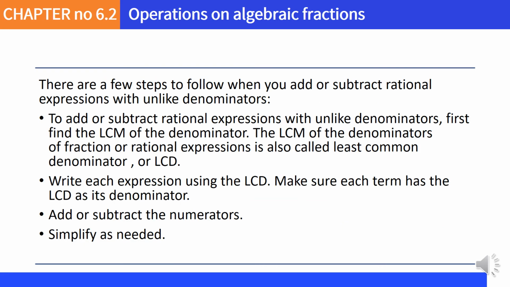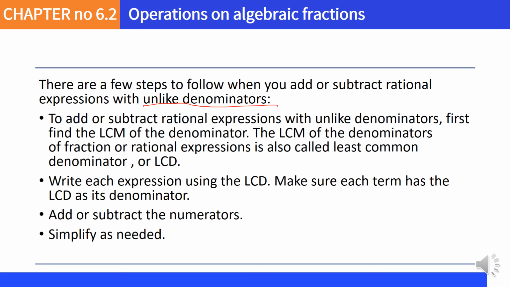Let's summarize. There are a few steps to follow when you add or subtract rational expressions with unlike denominators. We have seen how easy it is when the denominators are like. Unlike means not the same denominators. To add or subtract rational expressions with unlike denominators, first find the LCM, the lowest common multiple of the denominators.